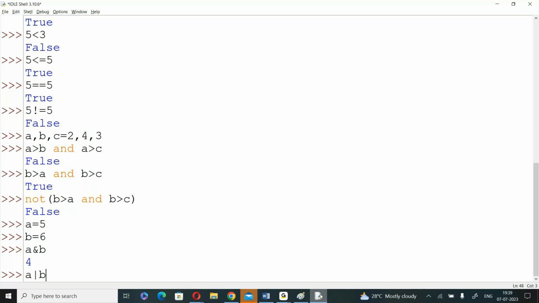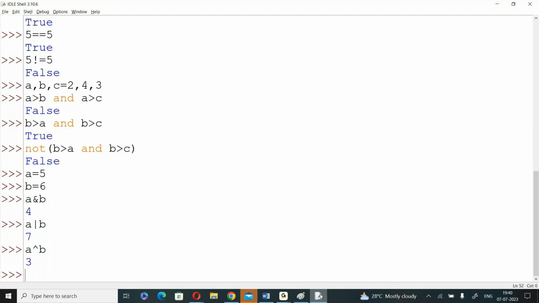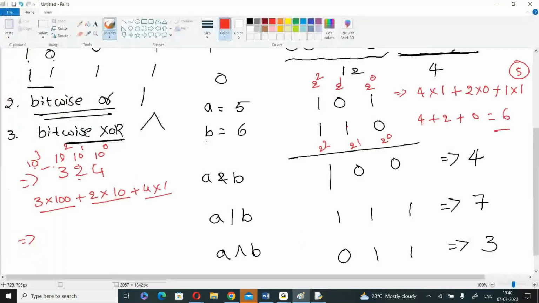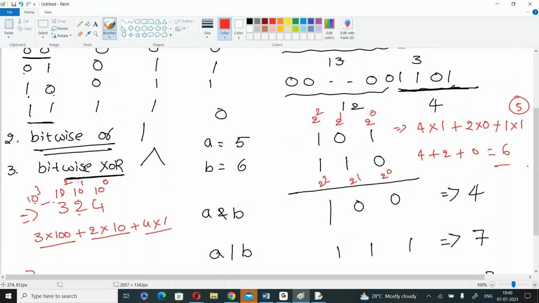A or B, the answer is 7. Yes. A XOR B, the answer is 3. That means you are doing the correct calculations. These are three bitwise operators: bitwise AND, bitwise OR, bitwise XOR.